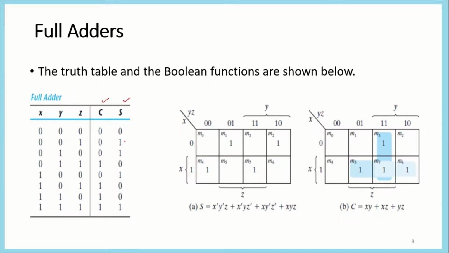When we have two ones in the input, that corresponds to sum equal to 0 and carry equal to 1. While if we have 3 ones in the input, we will have sum equal to 1 and also carry equal to 1. This way we solve the 3 input addition process, and the result is achieved in the form of sum and carry.